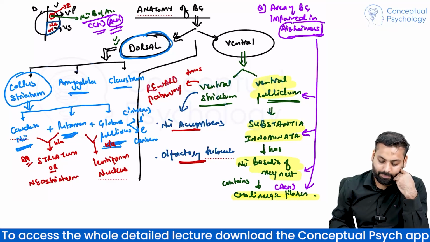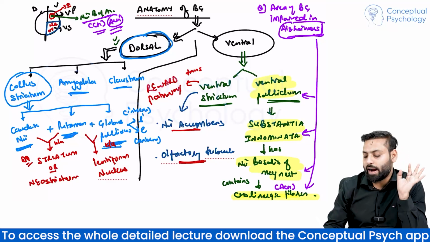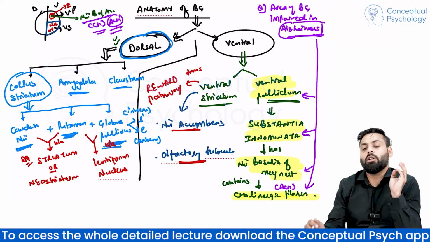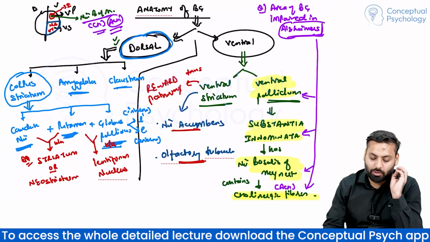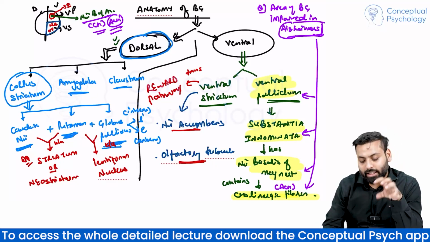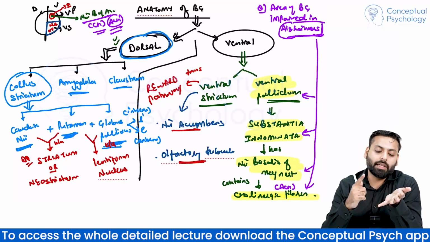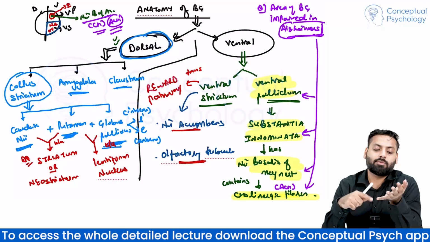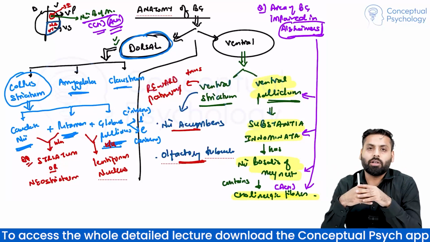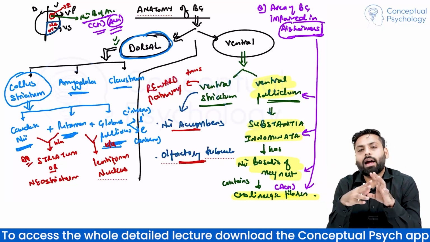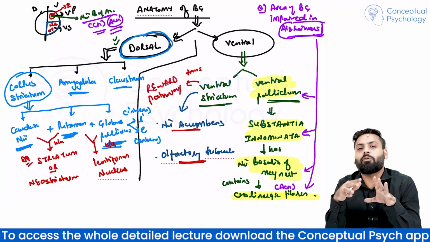See, basal ganglia is one place where you will have to study more than what you know, and you have to get out of your comfort zone. But if you study this from here, you will not need to pick up any of your books, be it your Pinnell, be it your Carlson's, be it any book that you read. I've just compiled from everything and then put it in the flowchart form.